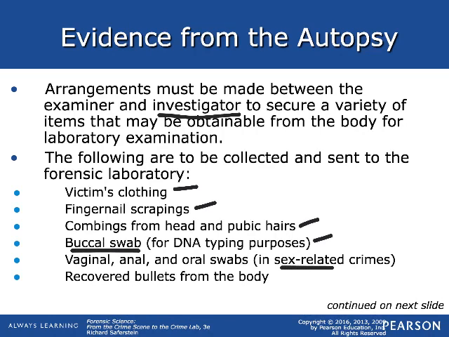If they suspect it's a sex-related crime, they're going to do vaginal, anal, and oral swabs. They're going to look for bullets. They're going to look where there might be a bite mark for saliva from the perpetrator. They might do hand swabs to look for gunshot residue.